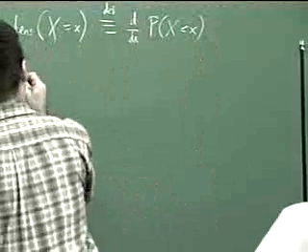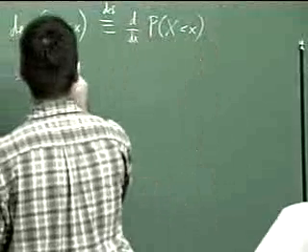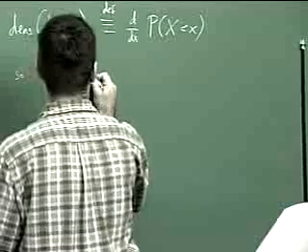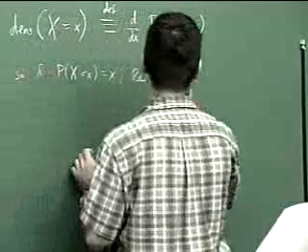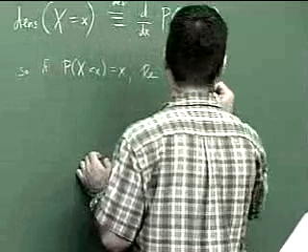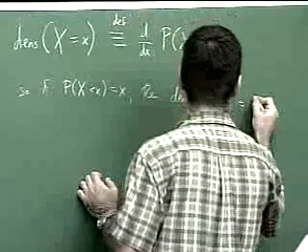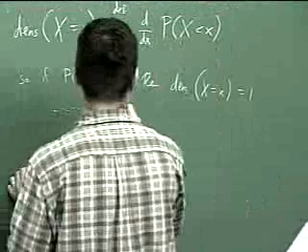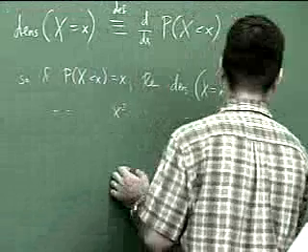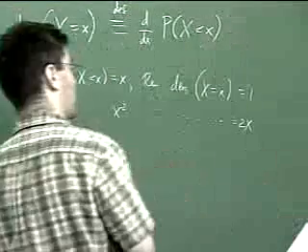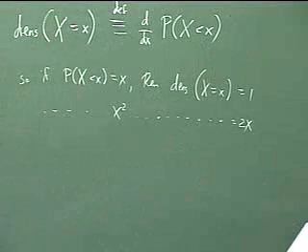So if the probability that X is less than x equals x, then the density of X at x is 1. If it's x squared, then the density of X at x equals 2x, right? Just taking derivatives.